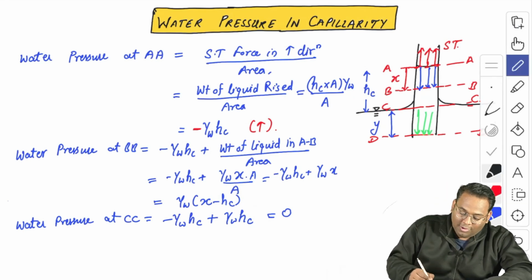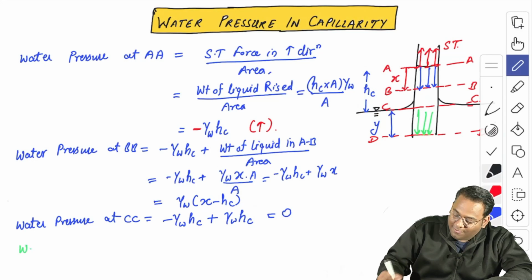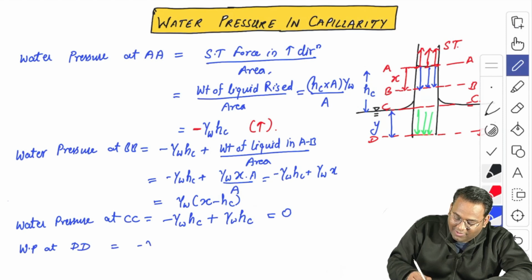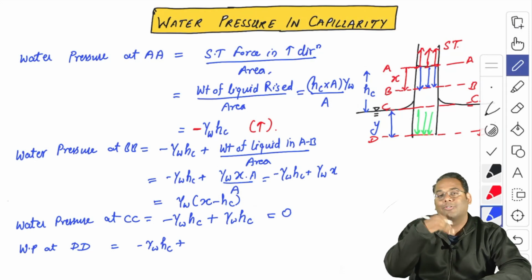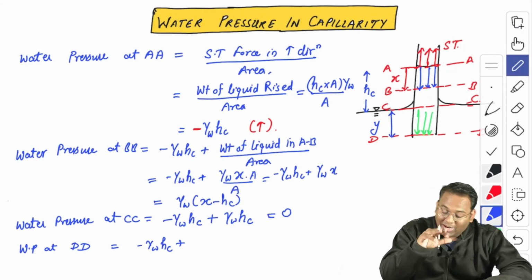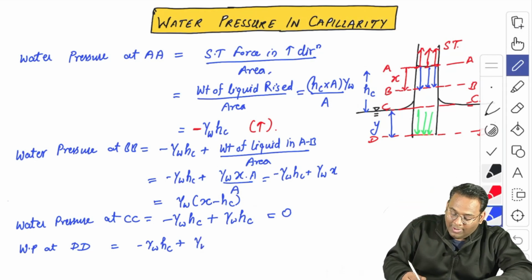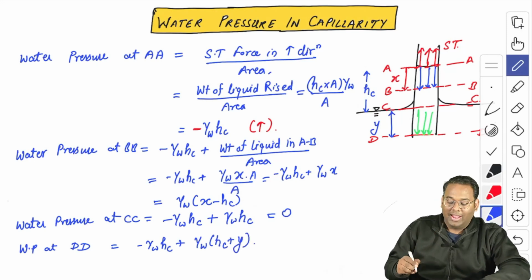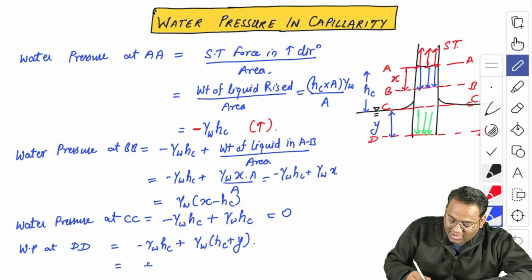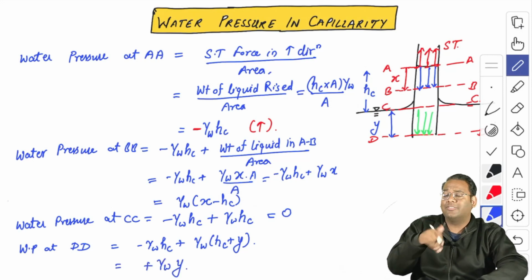Yes or no? So the water pressure at the level DD will be minus gamma_w into h_c, which is already acting in the upward direction, but in the downward direction the water pressure will now be h_c plus y into gamma_w.